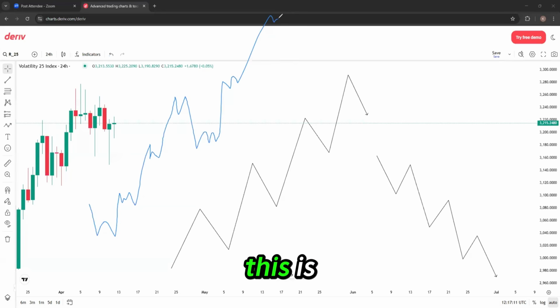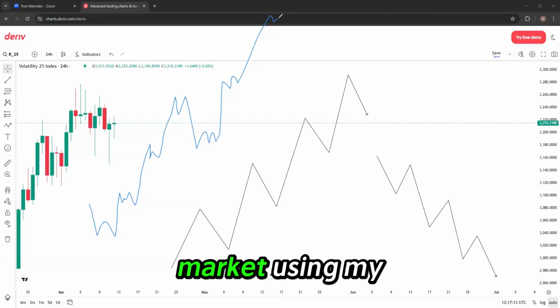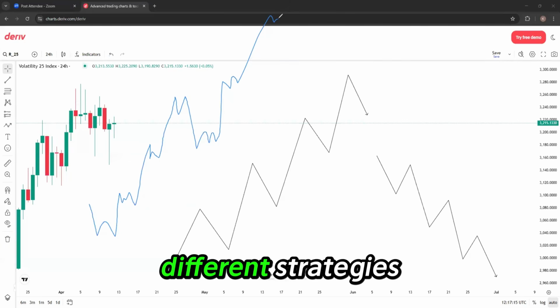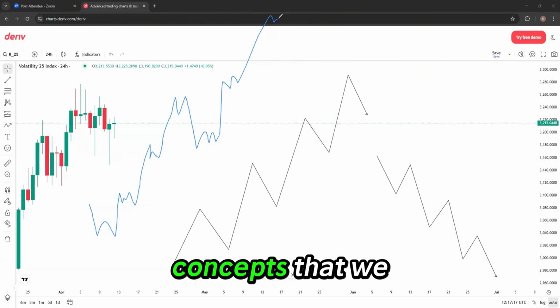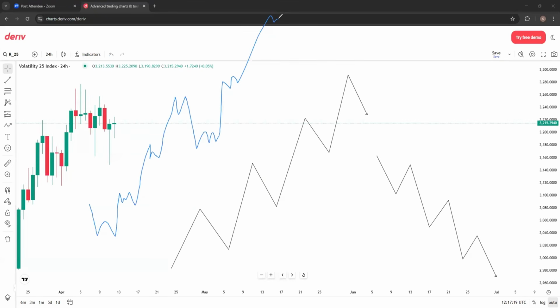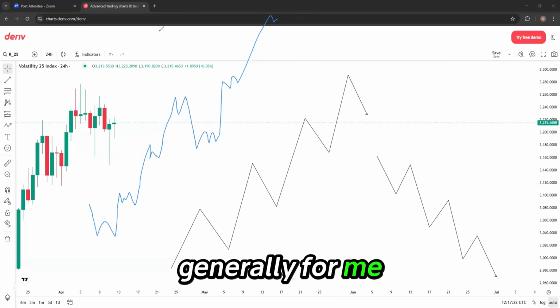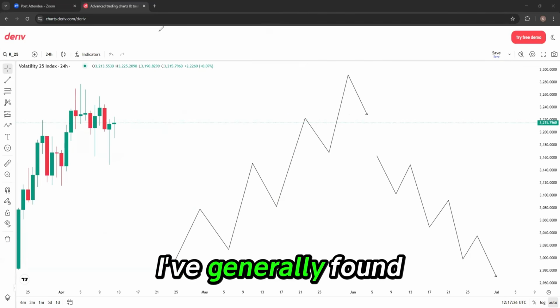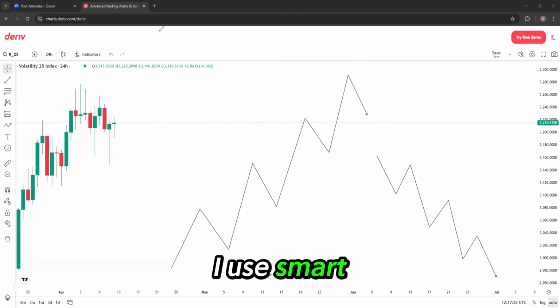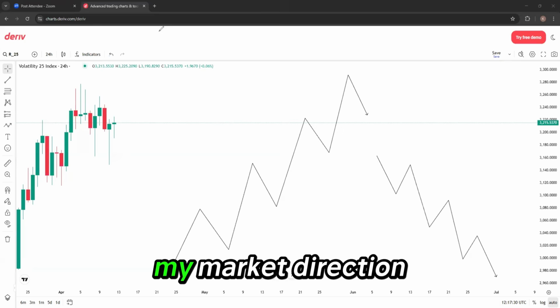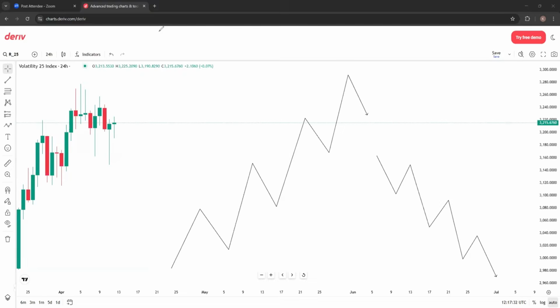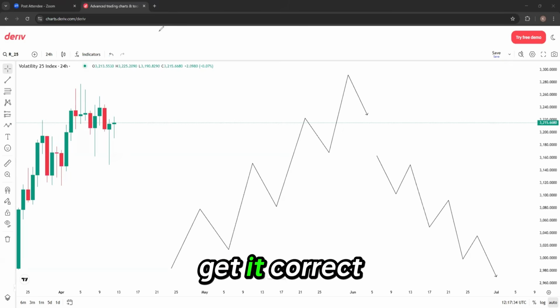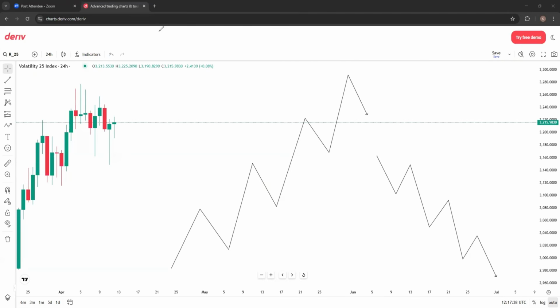Basically, we read the market using different strategies based on the concepts that we use. Generally, in my 6 years of trading, I've found that if I use smart money concepts to read my market direction, almost always I get it correct, and it's very easy to understand.